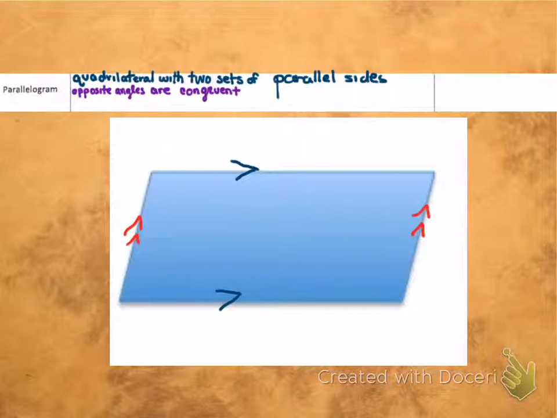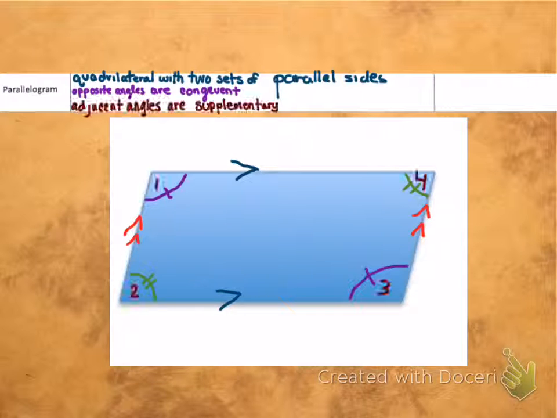And on a parallelogram, opposite angles are congruent. So we have this angle here would be congruent to the one opposite it. And then this angle here would be congruent to the one opposite it. Now another fact about parallelograms is that adjacent angles are supplementary.